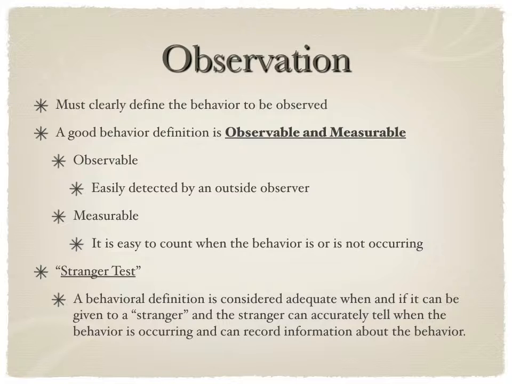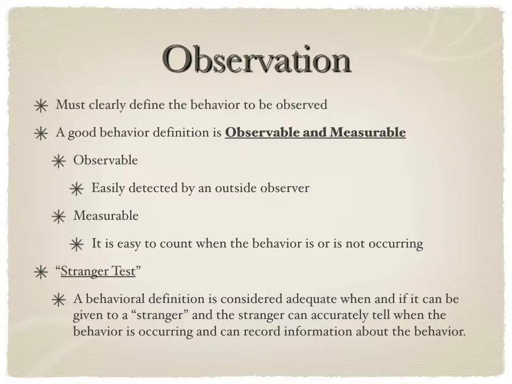Really, the gold standard for a good behavioral definition is that the definition would pass what's known as the stranger test. And this is when your behavioral definition is defined so well that even a stranger would be able to walk in who's unfamiliar with the child, unfamiliar with the situation.